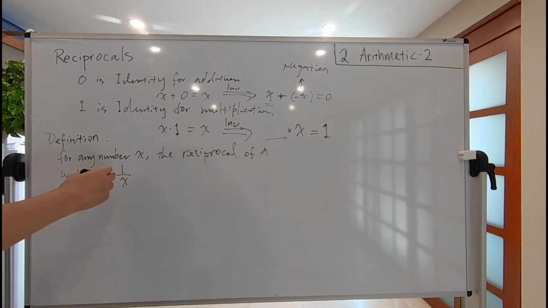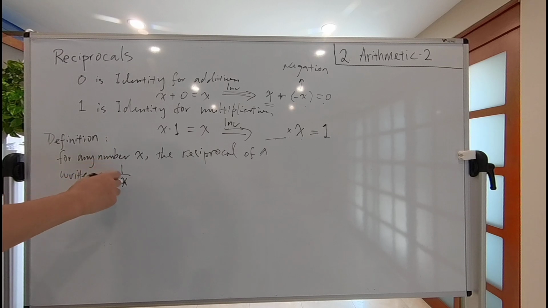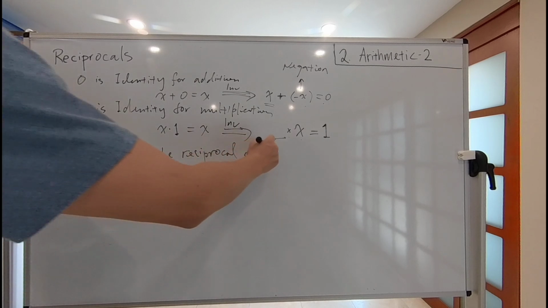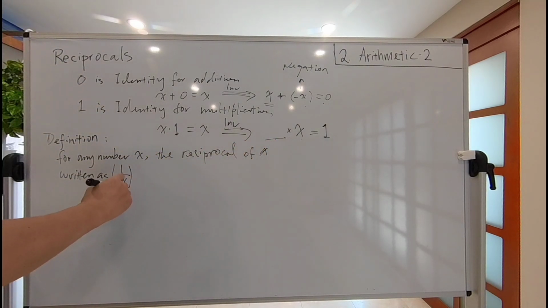It's okay if you haven't learned fractions yet, or if you already learned fractions, it is also a fraction of 1 over x, or 1 divided by x. But here, let's just consider this as a whole item, which is the notation for the reciprocal of x.